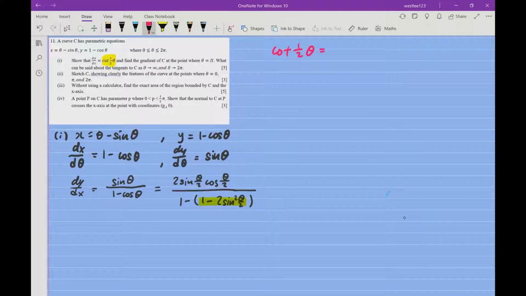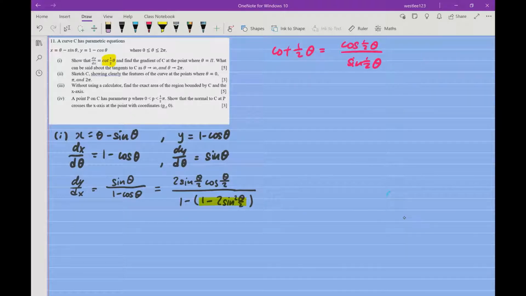So you need to have this foresight to say that, at the end of the day, I need cotangent half theta, which is equivalent to cosine half theta over sine half theta. That is why I try to have a sine theta over 2 in my denominator. Okay, so that is the chain of thought. That is why I change cosine theta into 1 minus 2 sine square theta over 2, because I need the sine function in the denominator in order to get cotangent.